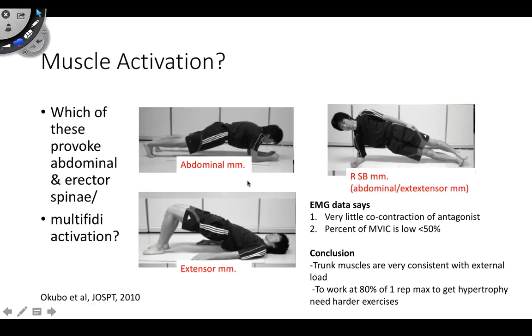The important thing about these planks, which are really popular and commonly given, is what muscles they activate, and secondly that they only achieve very low levels of co-contraction during the side plank. There's really only synergist activity, so no co-contraction during the abdominal forward plank or the extensor backward plank, and that's backed up by this study in JOSPT in 2010.